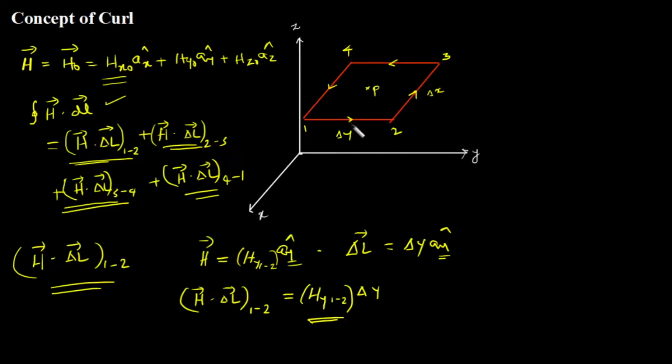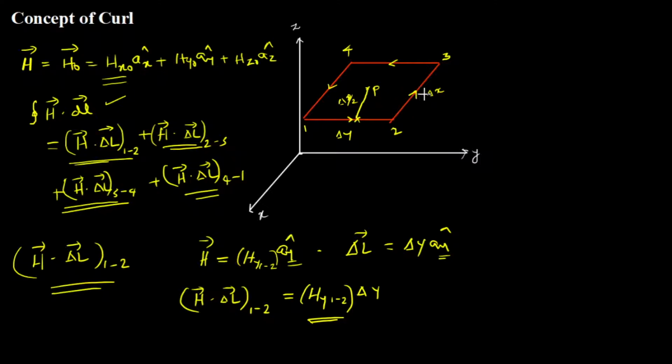So I need to calculate at that particular point what Hy is, somewhere here. So from here to here, when I travel, I am traveling along the x direction, and I am traveling for a distance of delta x by 2.